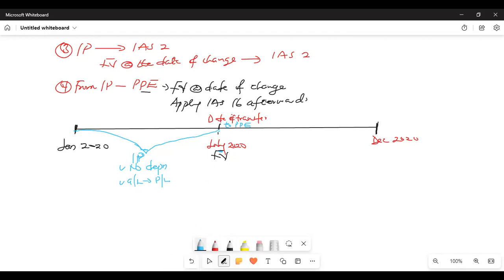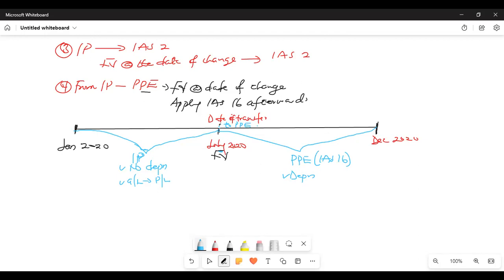So from this time going on, up to the end of the year, the thing has become a PP, because you have transferred it to a PP. So from this time going on, IAS 16 will apply. It means you will need to find depreciation because it's IAS 16.